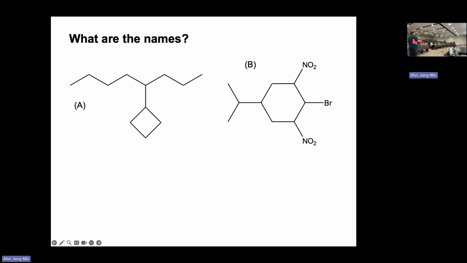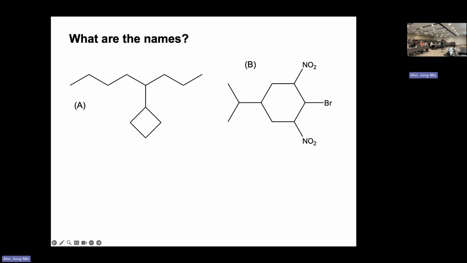All right, so all together, let's try to find a name for these two molecules. What is the name of that molecule? Then the question comes, which one are we going to take as the main chain? Are we going to take the cyclobutane as the main chain? Or are we going to take this part as the main chain?